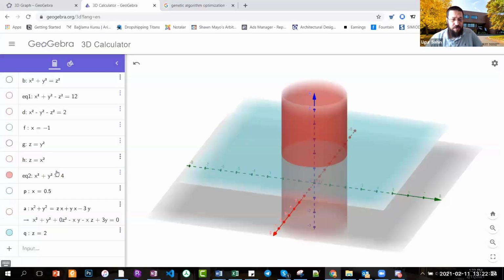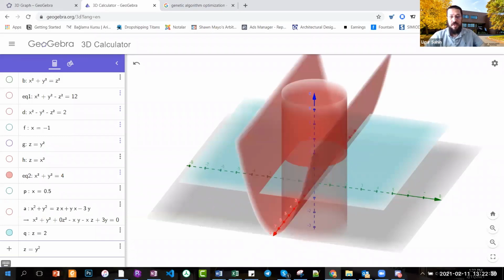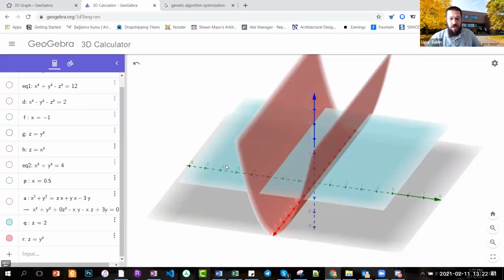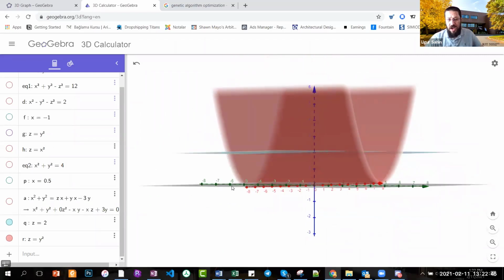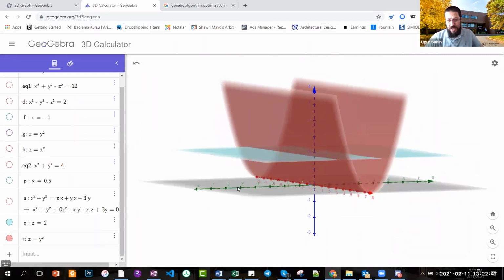This time I will use something like that. This is what we call, guys, an elliptical cylinder.